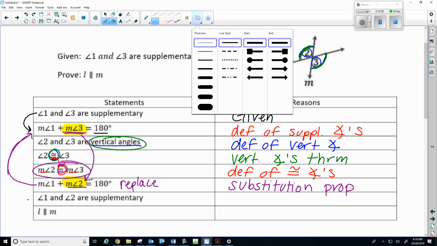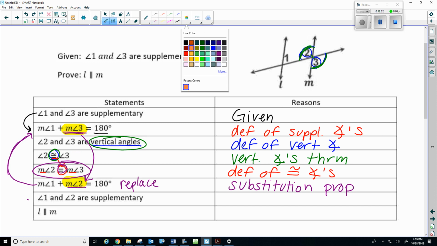Now we're going to take a step down, and look at what is going on right here when it says angle 1 and angle 2 are supplementary angles. We have actually already seen this in this proof. It was just the other way around. Remember that we can reverse these. We earlier said that angle 1 and angle 3 were supplementary.